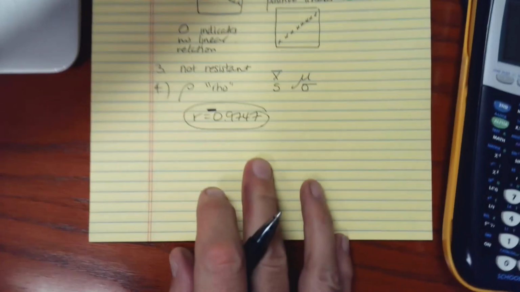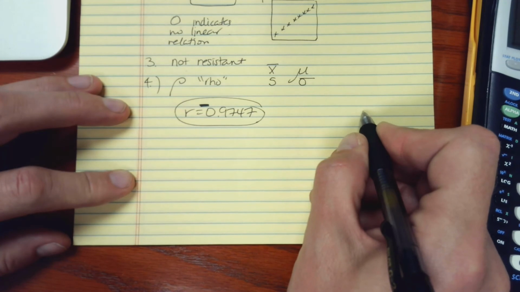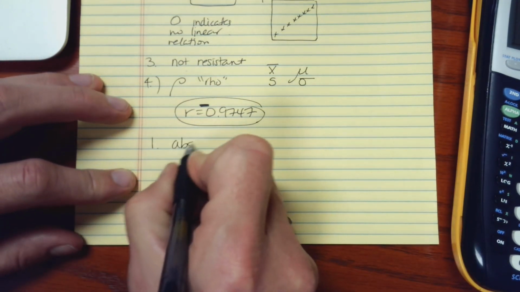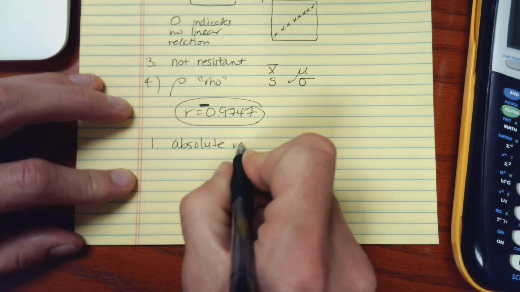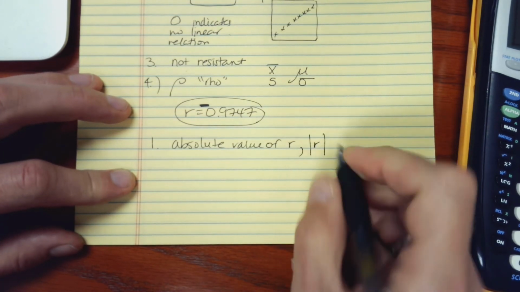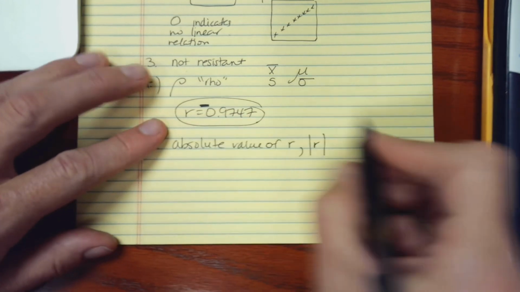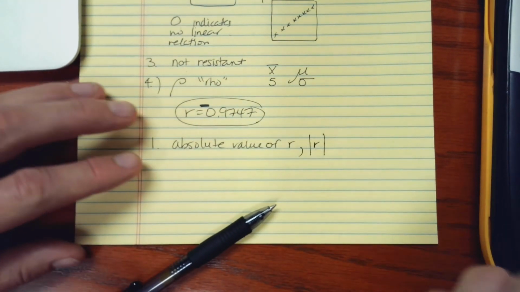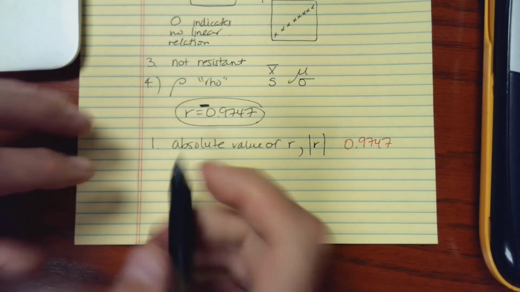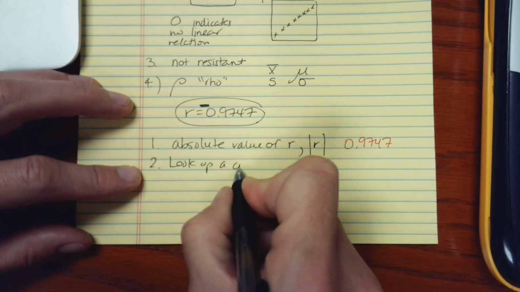To determine whether or not this indicates a linear relation, first of all, you will take the absolute value of R. In other words, in mathematics notation, we put these bars. So in this case, I would just drop the negative and say that we're looking at 0.9747.